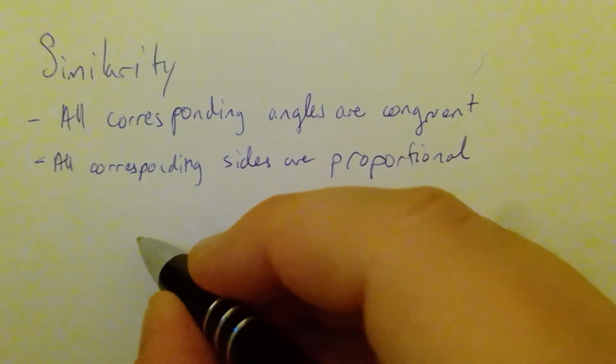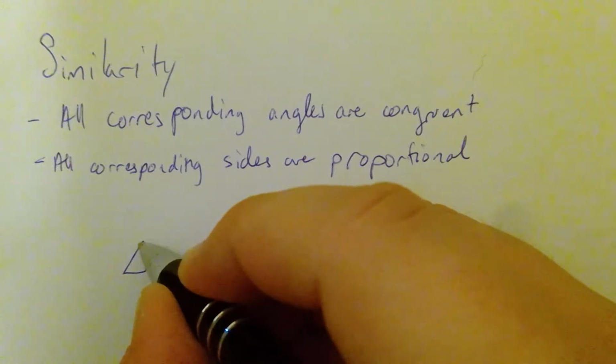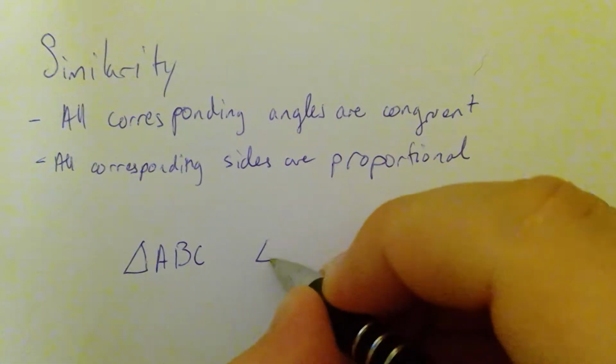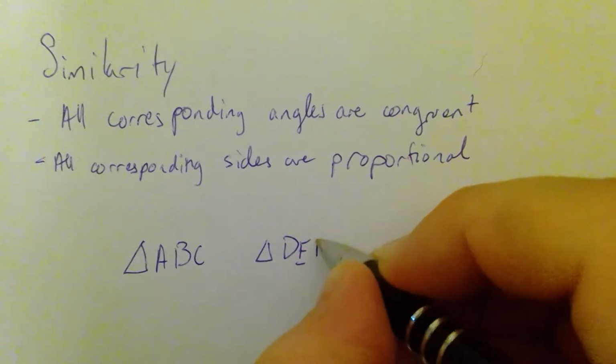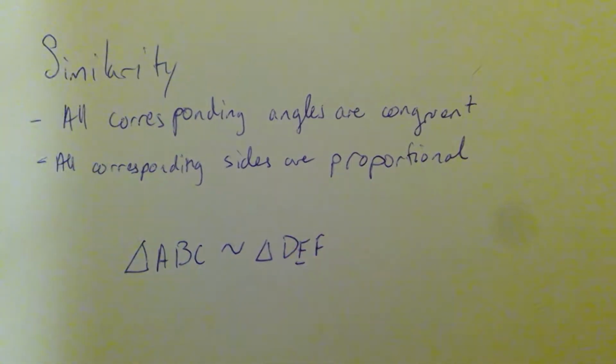Before we get there, we're going to look at some notation. So our similarity notation, if we have two figures that are similar, we're going to have this squiggle in the middle.